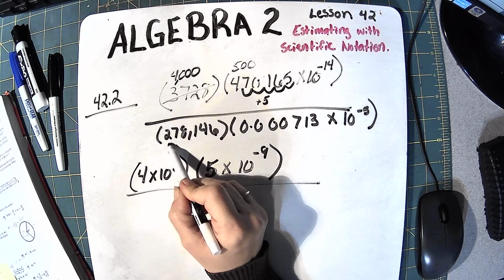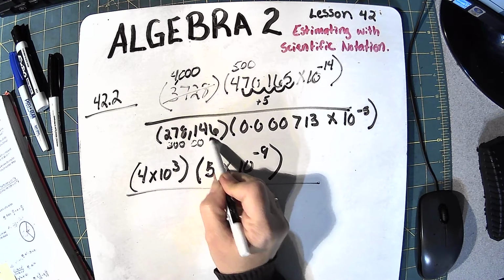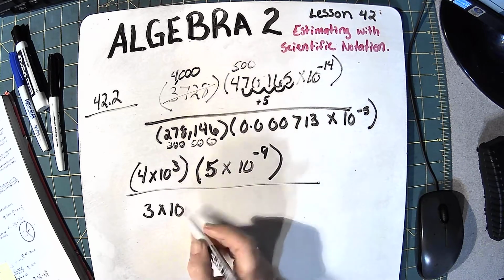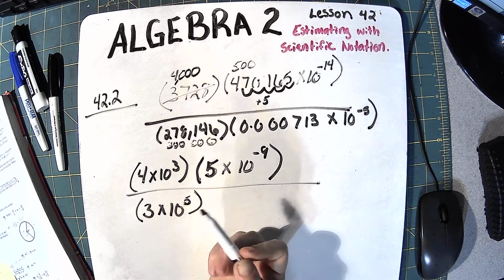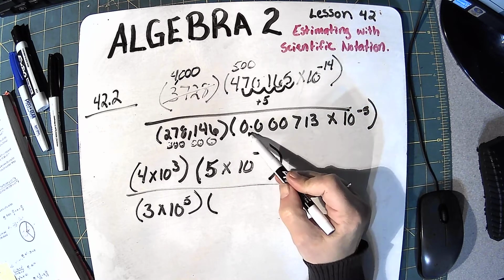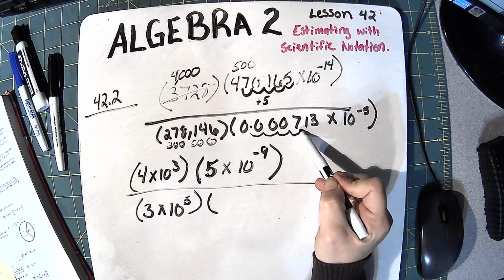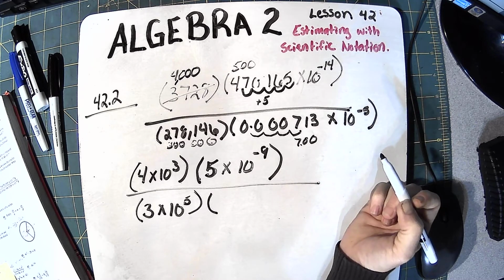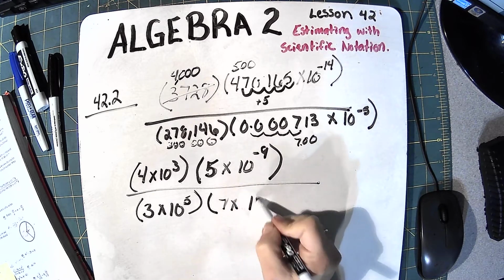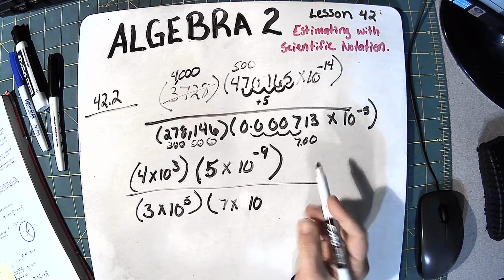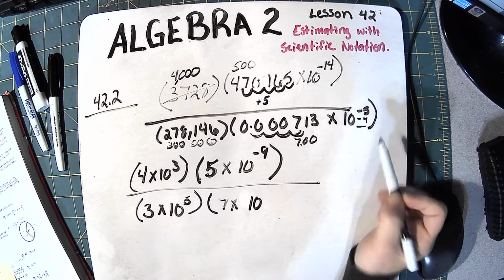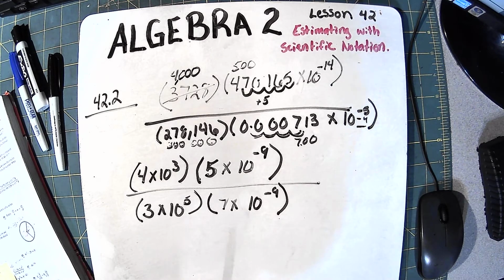This one is about 300,000, so it would be 3 times 10, 1, 2, 3, 4, 5 to the 5th. And over here we're going to move it this way, 1, 2, 3, 4, and that's about 700. So that would be 7 times 10 to the negative 4, and with the negative 5, negative 9. Okay, so there we have that.